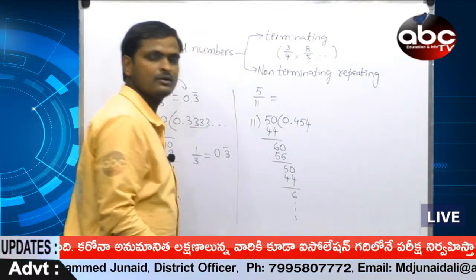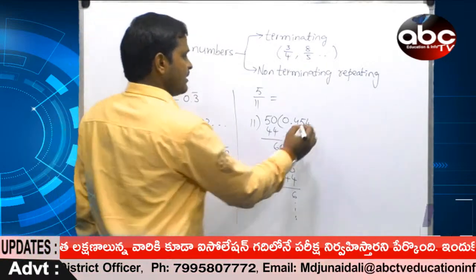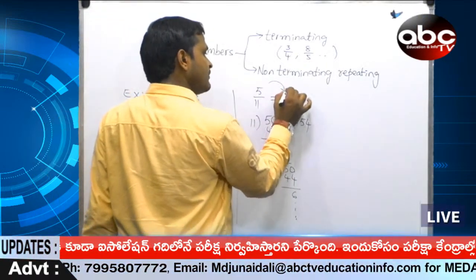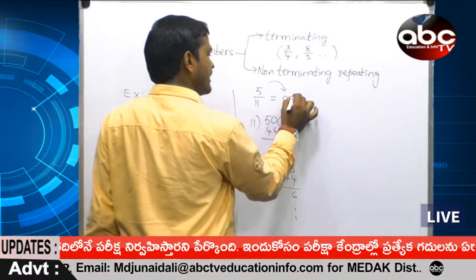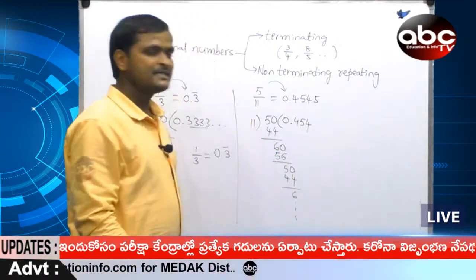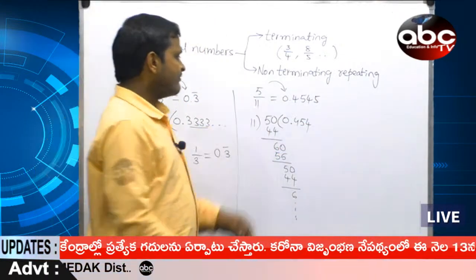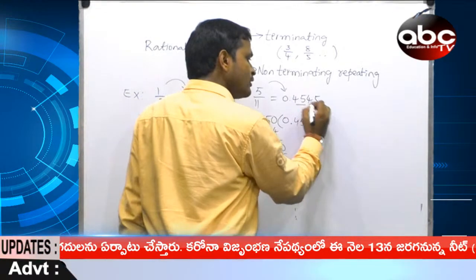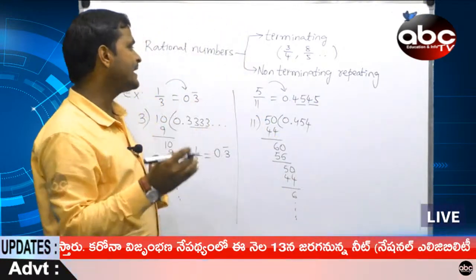This process continues. Then what is the decimal expansion of 5 by 11? 0.454545. Observe here, students, 4545 is a continuously repeating number.